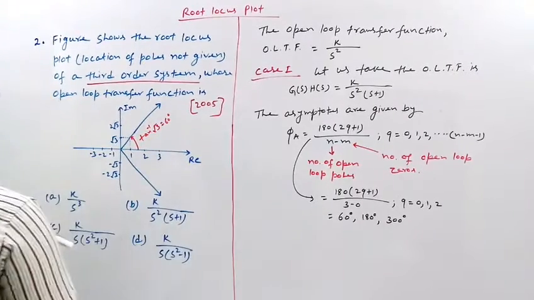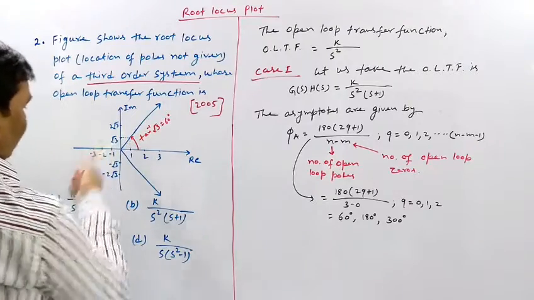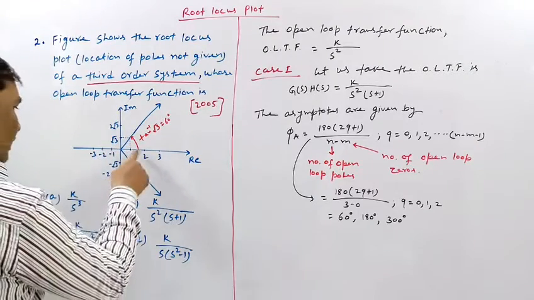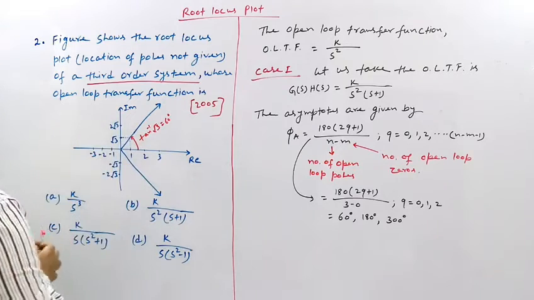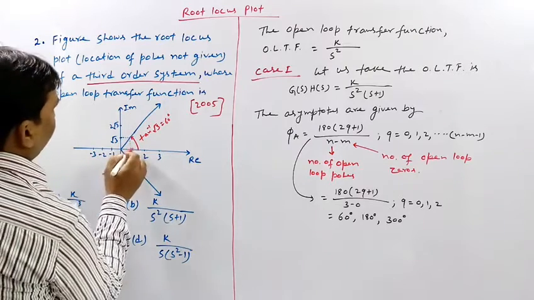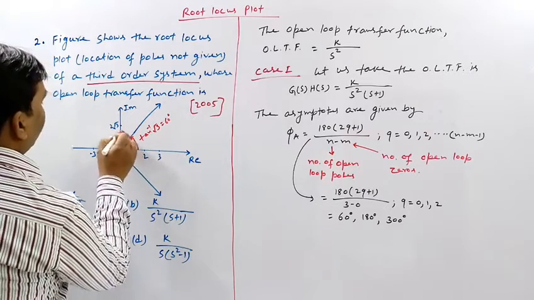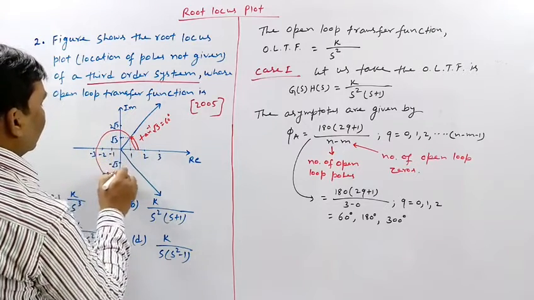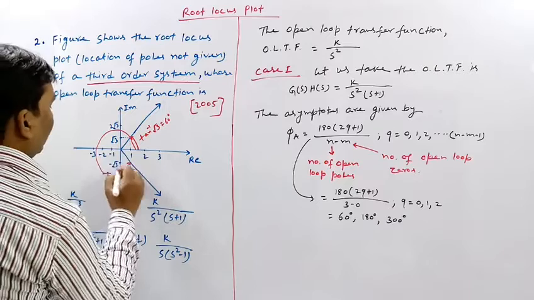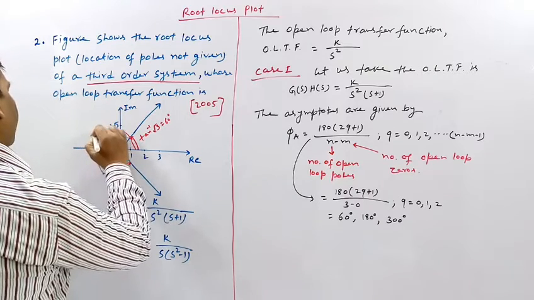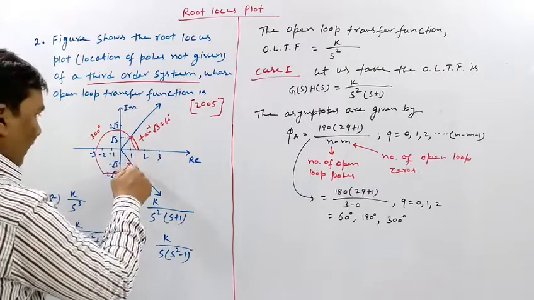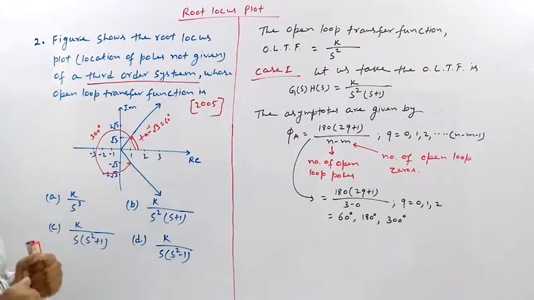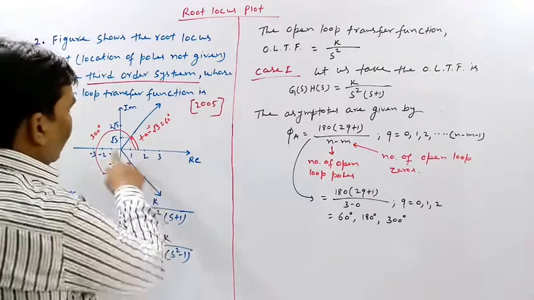Okay. So if this angle is 60 degree, then again this angle is 300 degree. Because this angle is again 60 degree, because root locus is symmetrical about real axis.